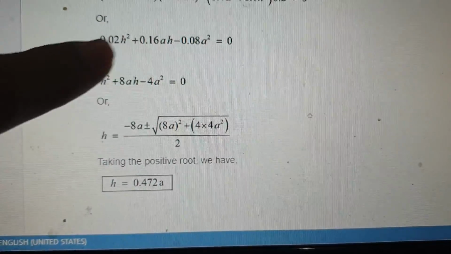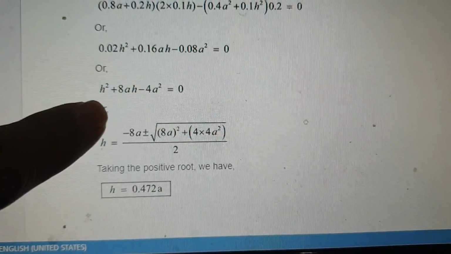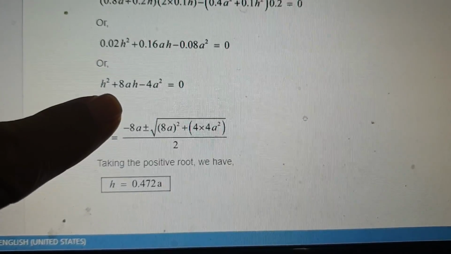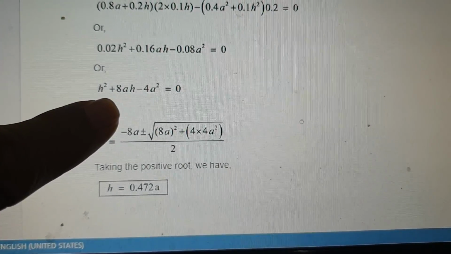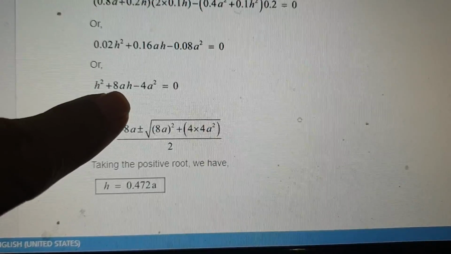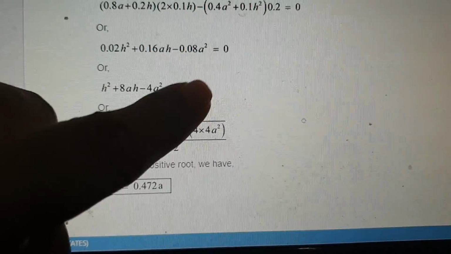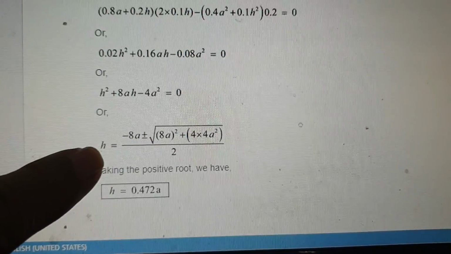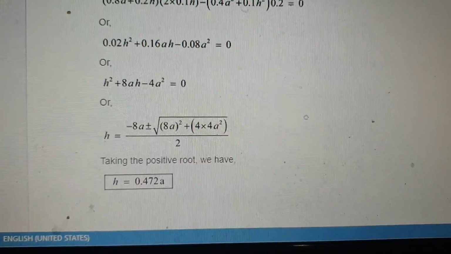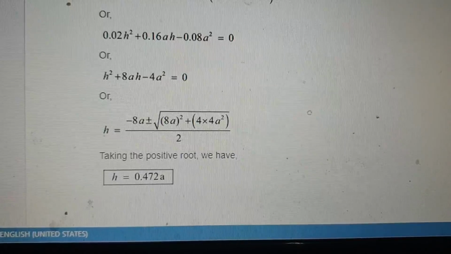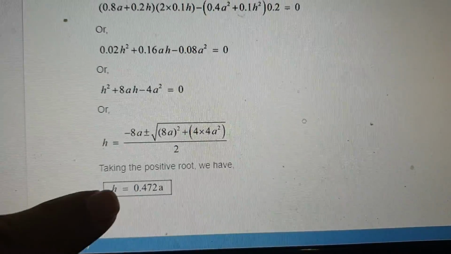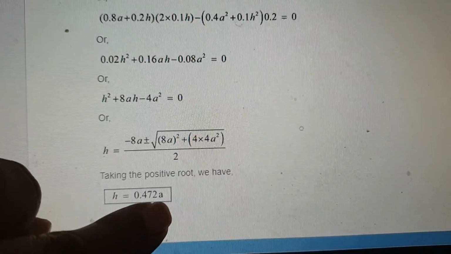And this is very simple. You could treat h as x: x squared plus 8ax minus 4a squared. A is constant. So if you use the quadratic equation, you could find h as a function of a. So h is equal to 0.472a.